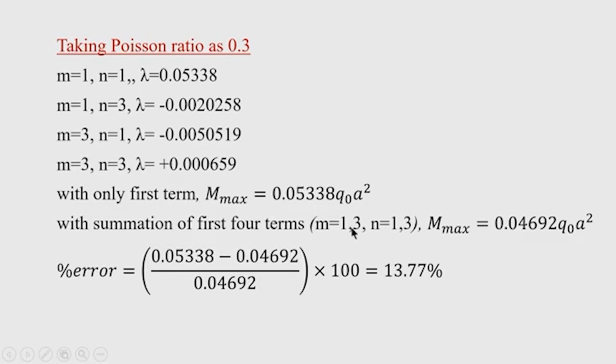When we take the first 4 terms, that is m varying from 1 to 3 and n also varying from 1 to 3, the maximum bending moment coefficient comes out to be 0.04692, and here the coefficient is 0.05338. So, the percentage difference you can see here is 13.77%. That means the percentage error in bending moment is higher compared to deflection in Navier's method. So, more terms are needed to improve the accuracy.